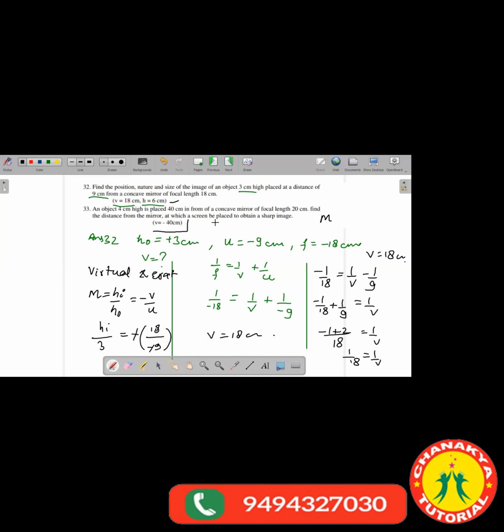What should be the height of image? Tell me all three things. I want the nature, position, and size.